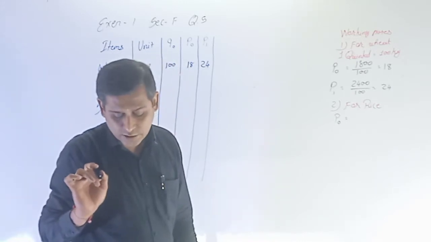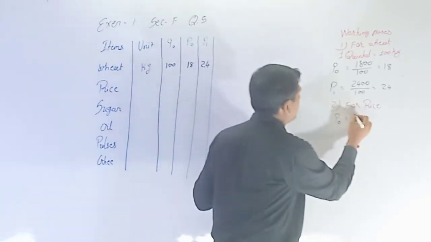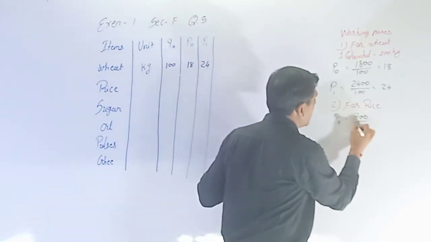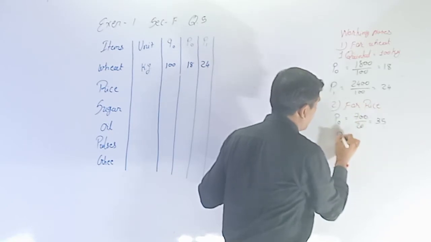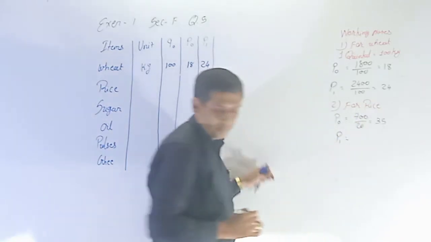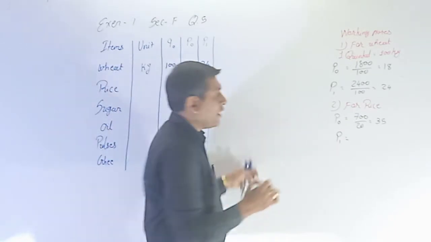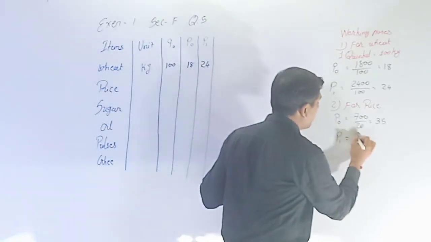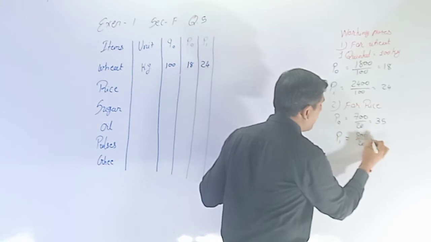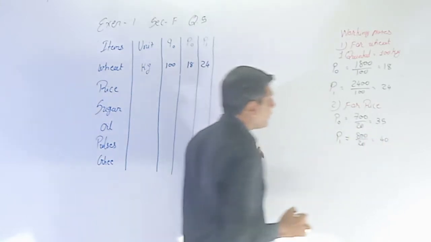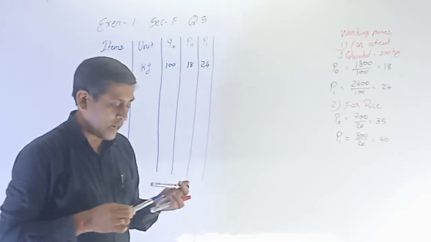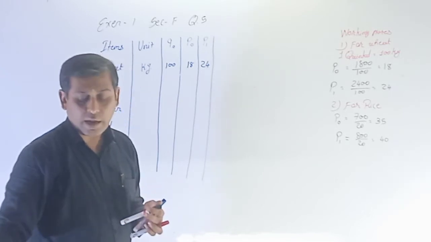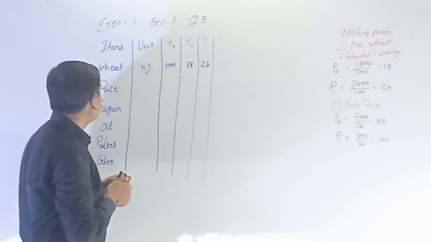The price for the base year is 700 divided by 20, so 35, then 800 divided by 20, so it is 40. So I am converting the price of rice for the base year as well as the current year.